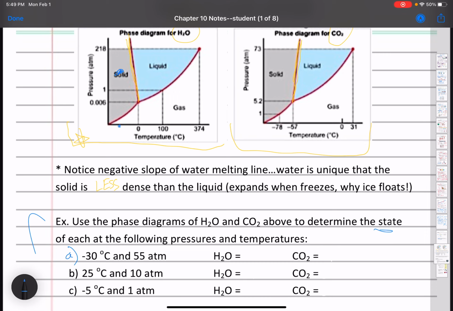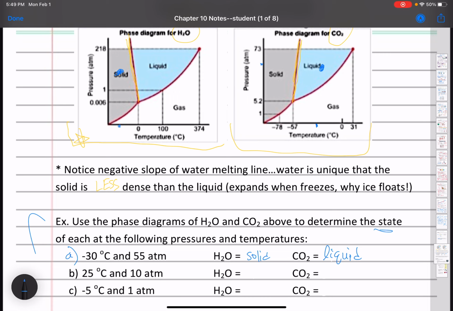It's very much a guesstimate, but we're solidly in the solid zone for water. What about carbon dioxide? Negative 30 degrees is going to be right here, and 55 atmospheres maybe right here. So for carbon dioxide, we're pretty solidly in the liquid zone. So at that temperature and pressure, those two substances will be in totally different states.